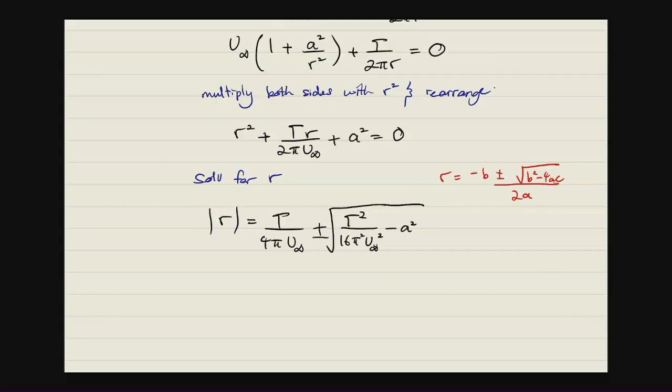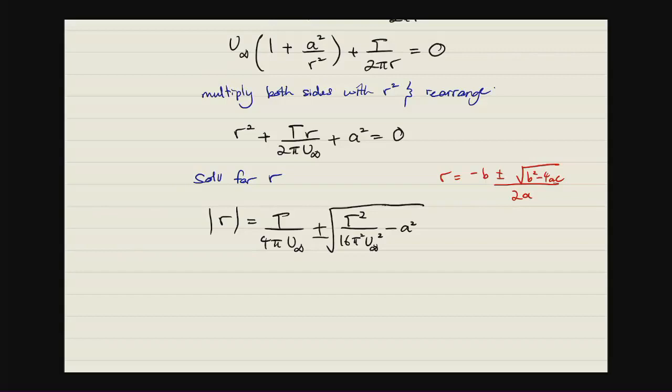You can't have a negative length. That's why we are only taking the absolute value of it, and that's why there is no negative term here. Yes, now I remember. So we're only taking positive values of r. You can't get negative r.